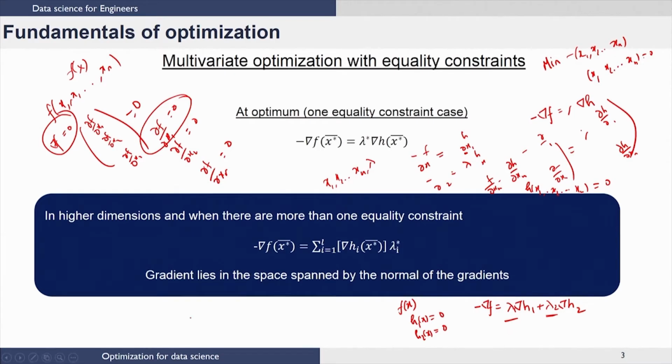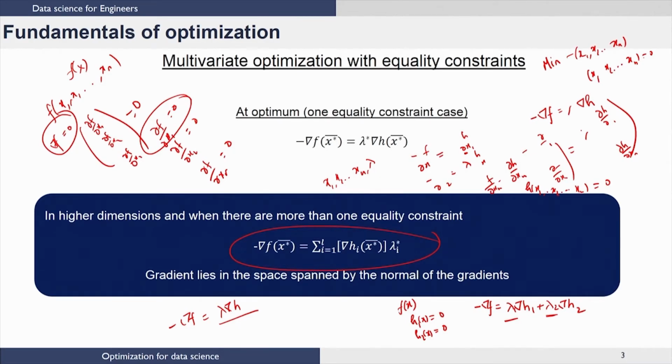In the one constraint case we simply said minus grad f equal lambda grad h. In this case this lambda grad h becomes a sum of lambda 1 grad h1 plus lambda 2 grad h2 and so on. Now, if there are three equality constraints, then you would have three terms here, and if there are L equality constraints you will have something like this here, where this is a sum of L terms. Okay. So, that part is clear.